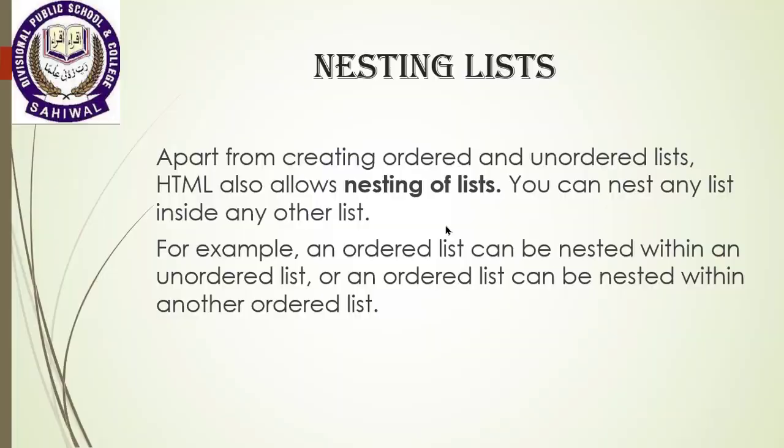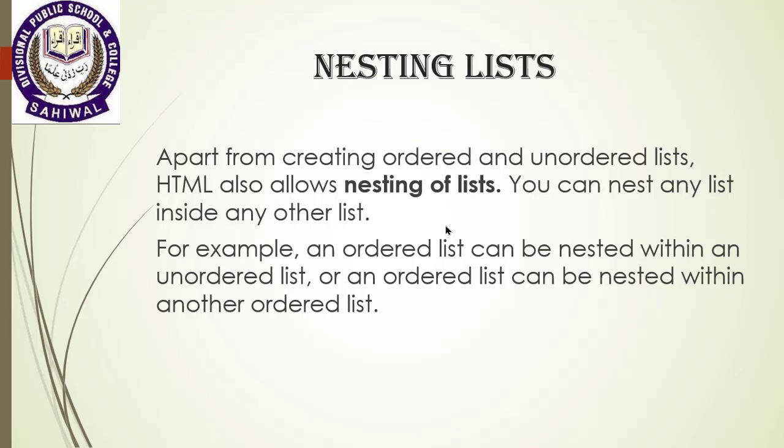Understand? Students, you can also nest lists together. Nesting means that you can use a list within another list. Apart from creating an ordered list and an unordered list, HTML also allows nesting of lists. Nesting of lists means that you can use a list tag within another list tag.